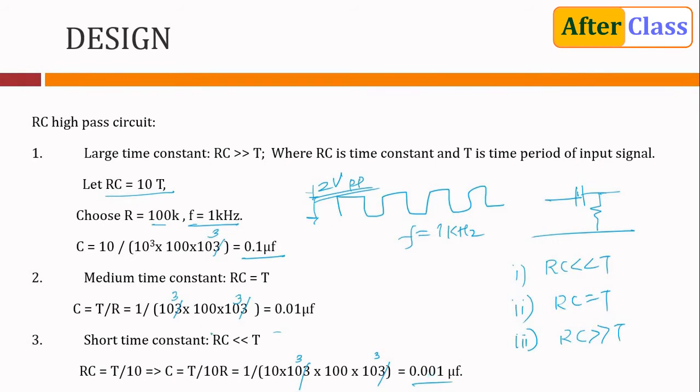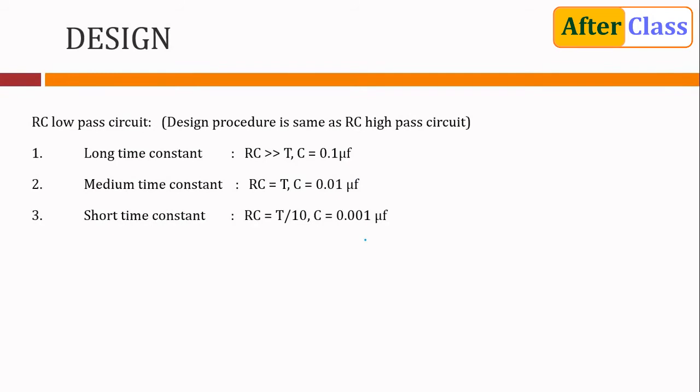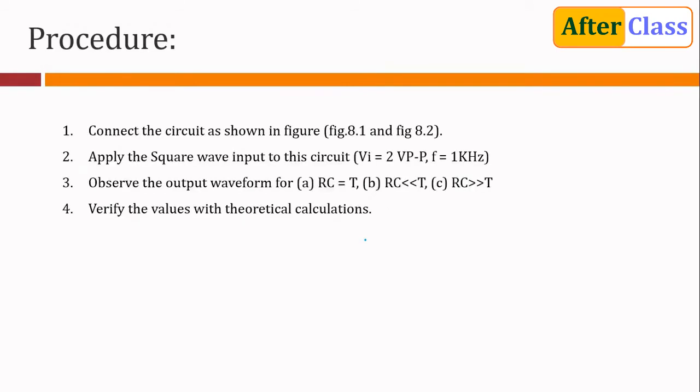So depending upon the values of R and C, if it is a high pass circuit, we can get the spikes. And similarly for the low pass circuit, the design procedure is similar, so I will not explain it again. For the RC low pass circuit, only when RC is very much greater than T are you going to get a triangular waveform. So here is the procedure.